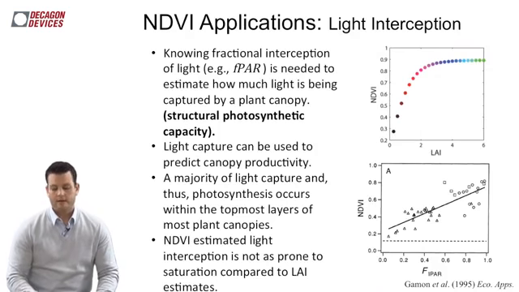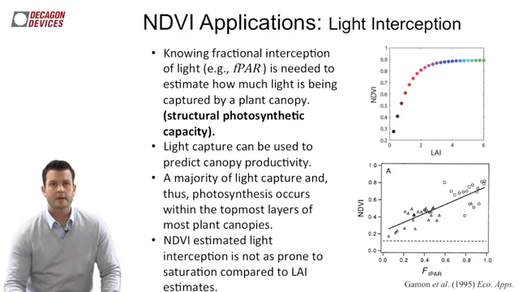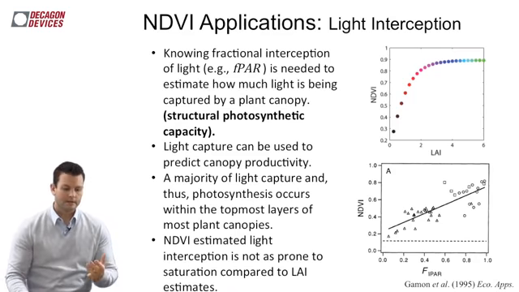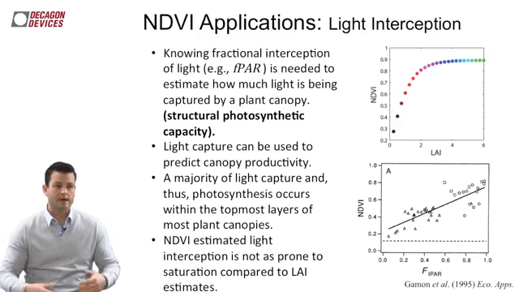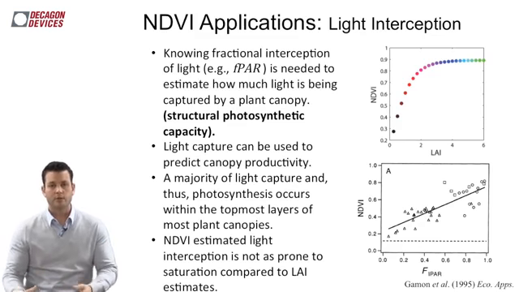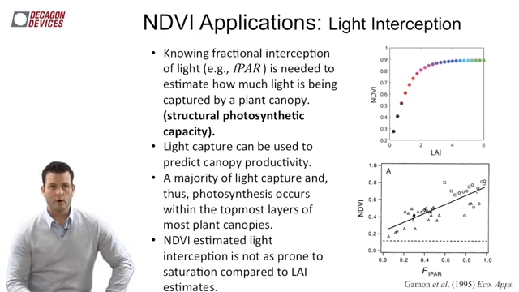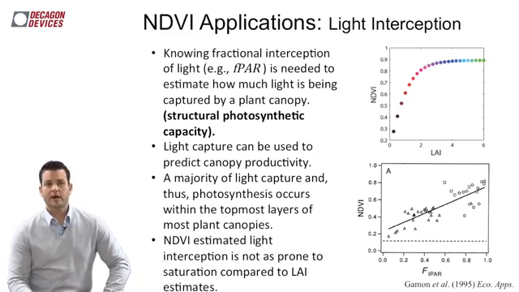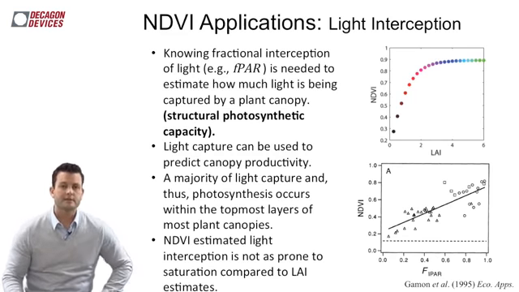So another related application of NDVI would be estimating light interception, and I say it's related because leaf area index is really related to how much light is being absorbed by a plant canopy. So if we have more leaves, more light is going to be absorbed. And light interception in particular is a very important variable to know, simply because it gives us some idea of what I call structural photosynthetic capacity.